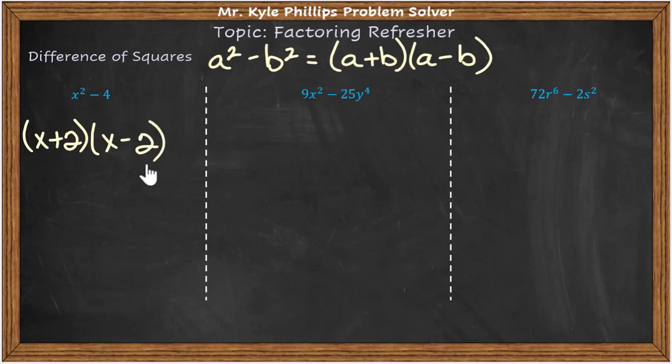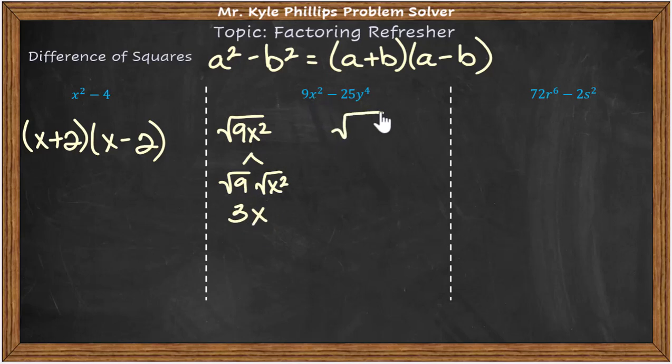And that's it. Right here, what's the square root of 9x squared? Well, let's think about that. This is the same thing as the square root of 9 and the square root of x squared. Square root of 9 is 3, square root of x squared is x. And then this is the square root of 25 y to the 4th.